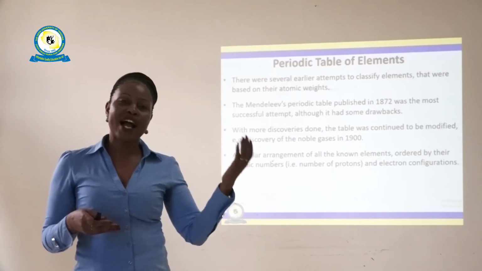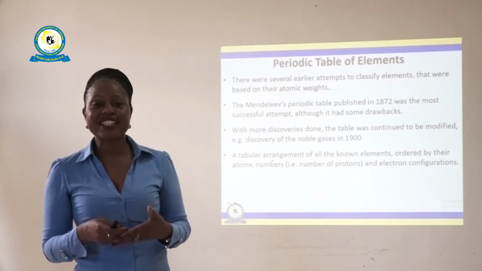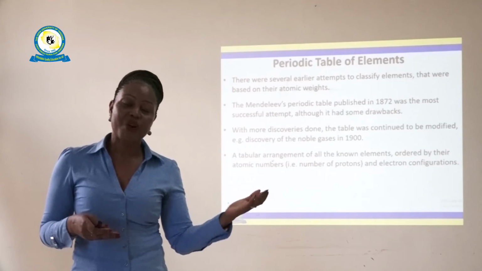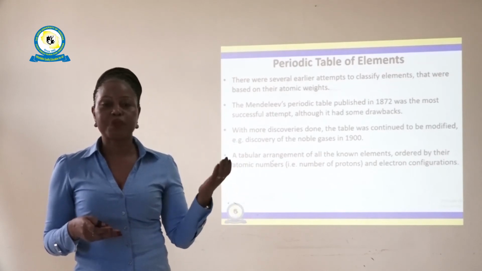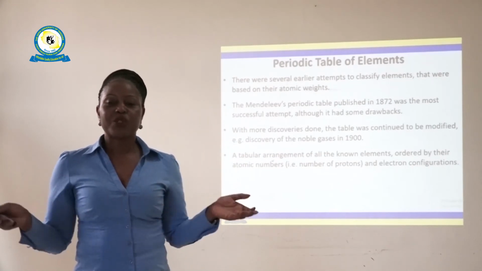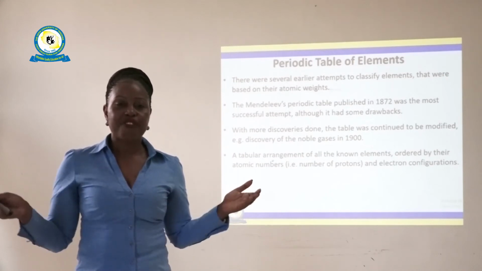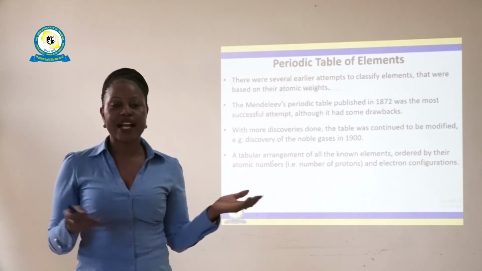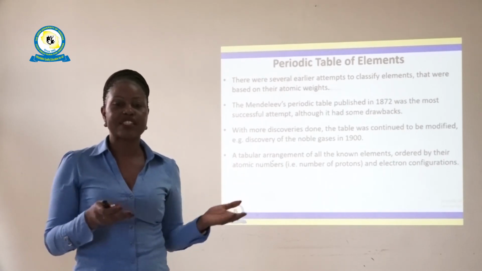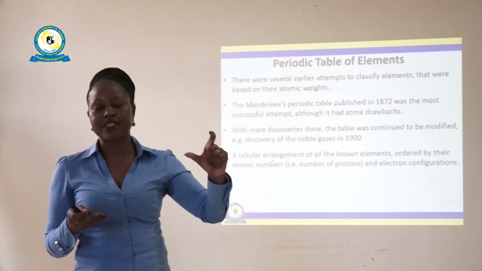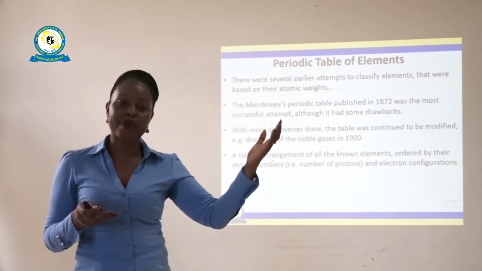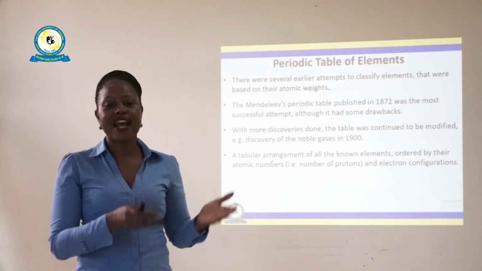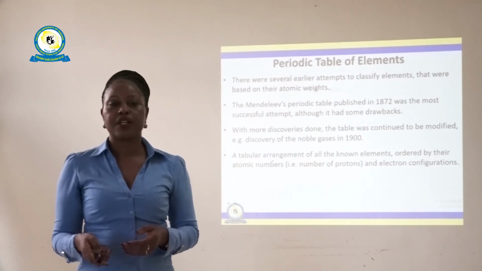For example, the noble gases were discovered in the 1900s, which were not there when the Mendeleev table was published. So we can generally define the periodic table of elements as a tabular arrangement of all the known elements ordered by their atomic numbers, which we know refers to the number of protons, and also by their electron configurations.